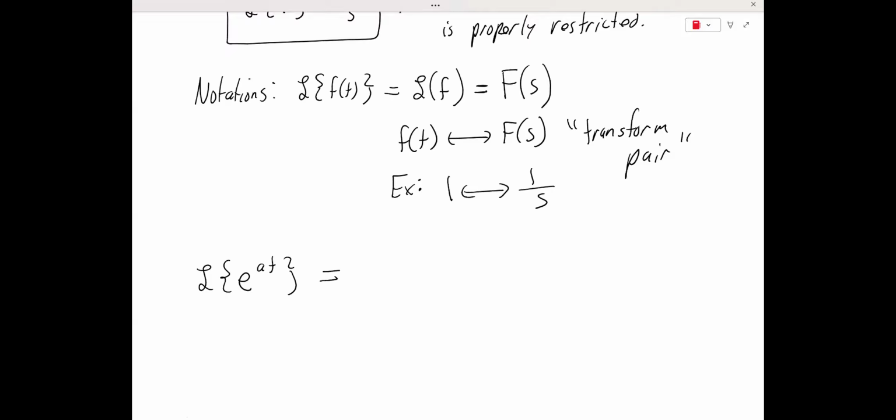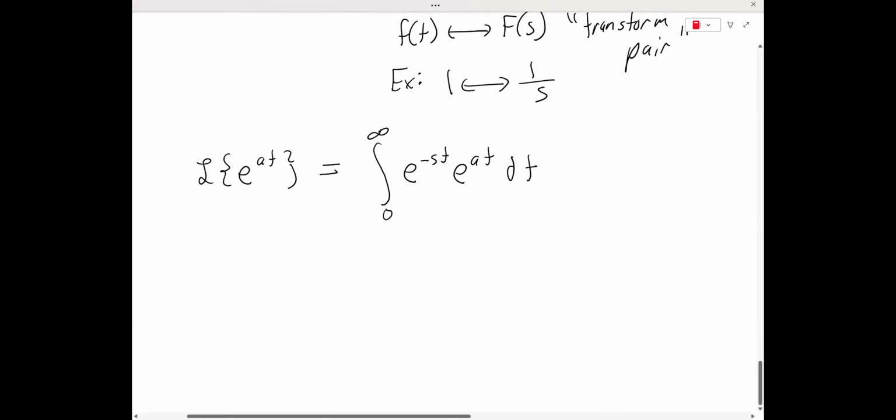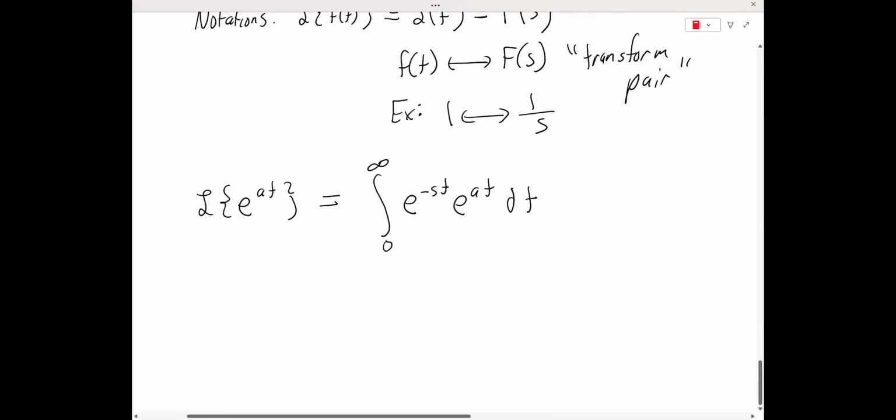Okay. And then that'd be the integral from 0 to infinity. The definition is e to the negative st, and then our f of t here is e to the at. Okay, like that. So that'd be the definition of it there. And then we just have to work the integral here.